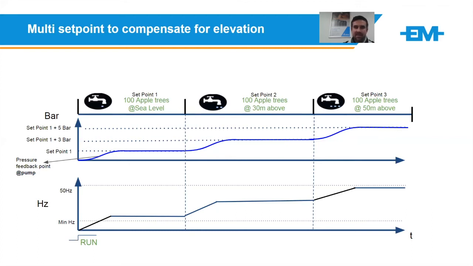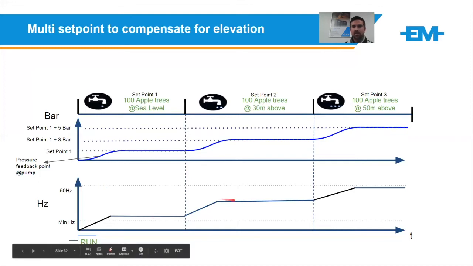So by sending these new set points via digital signals to the drive, you can easily compensate for elevation in your farm. Obviously as well, the drive would need to speed up to get over that elevation issue as well.